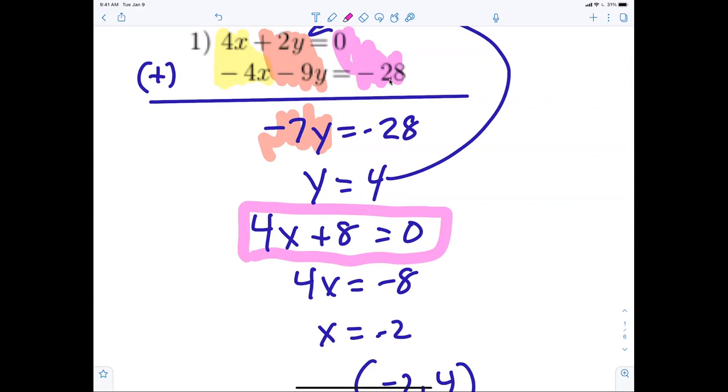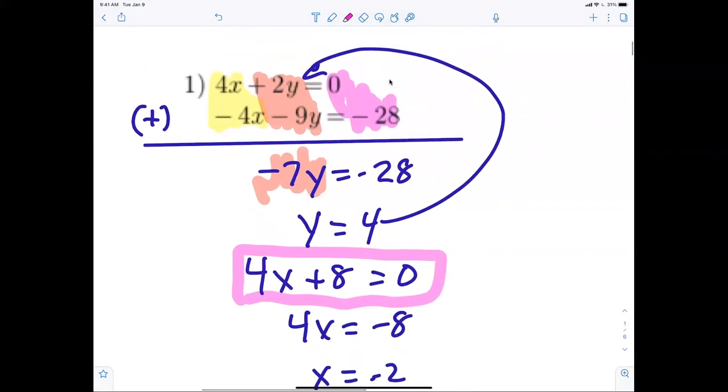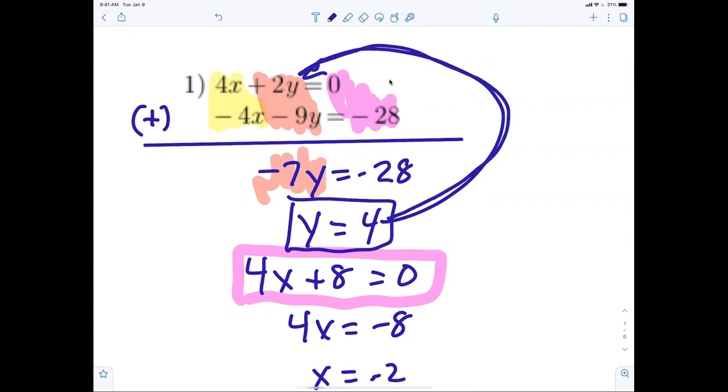No. Okay, so if y equals 4, what did we do yesterday when we solved for y equals 4? What does this arrow mean to do? Substitute. So are you asking me what's 2 times 4? You good on that or not?